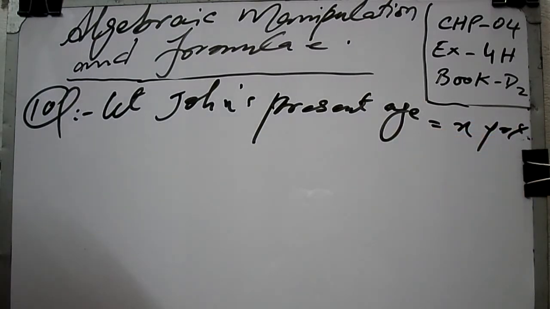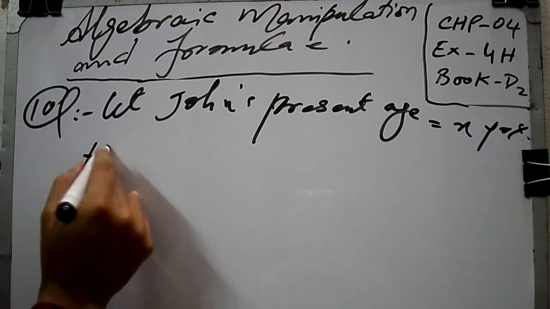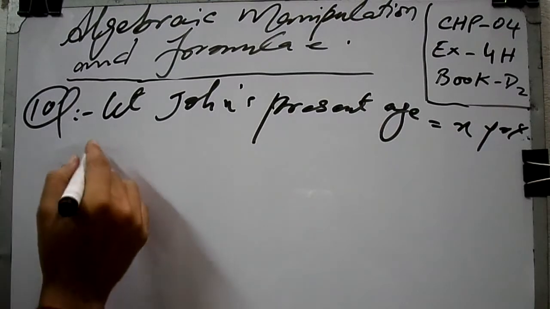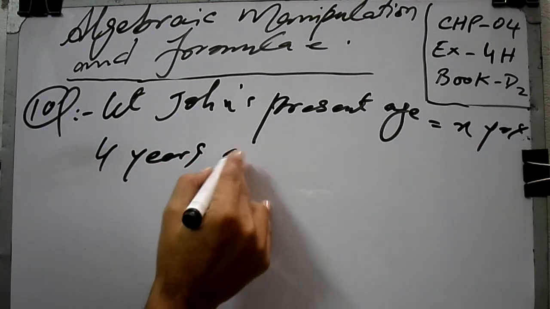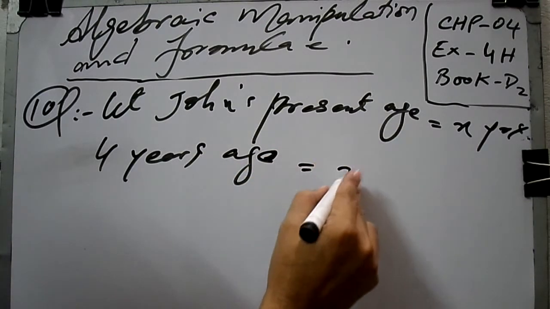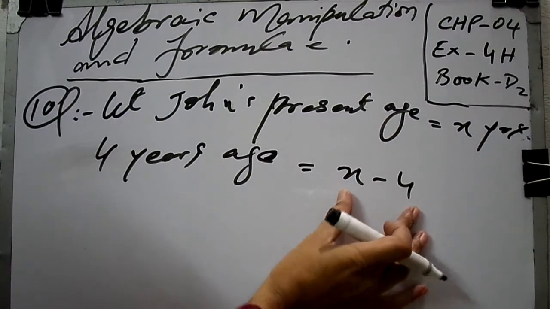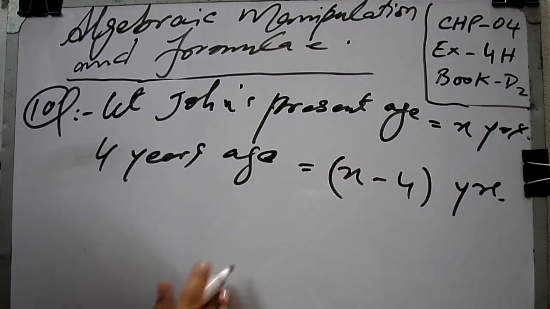Four years ago, ago means you have to subtract, so you will get x minus 4.